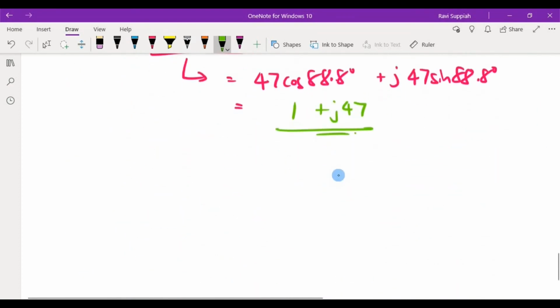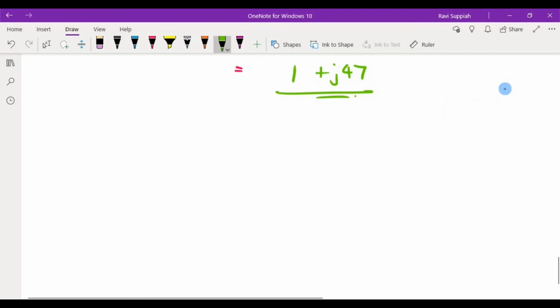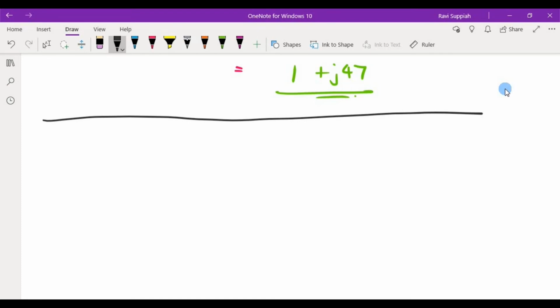Okay, so what we have seen is the application of the polar form approach in multiplication. Now we're going to do it in division.